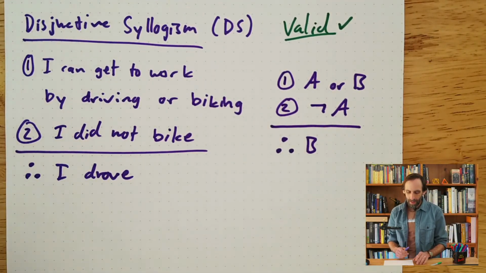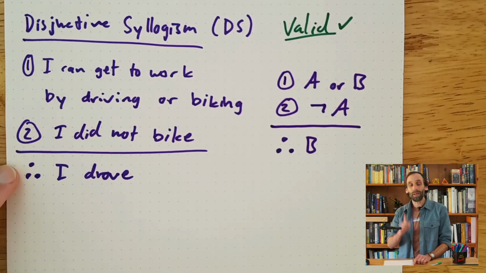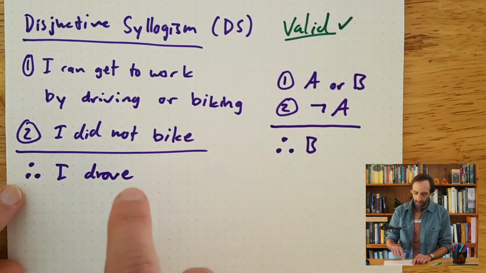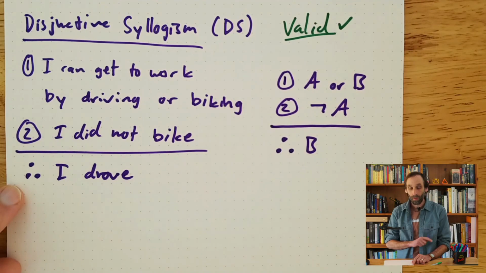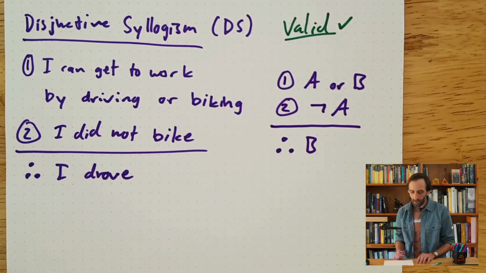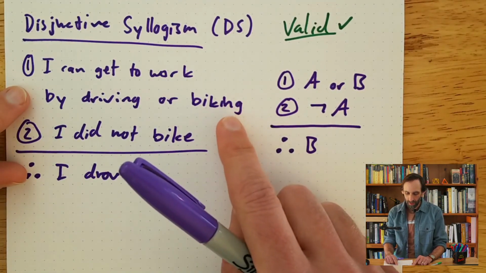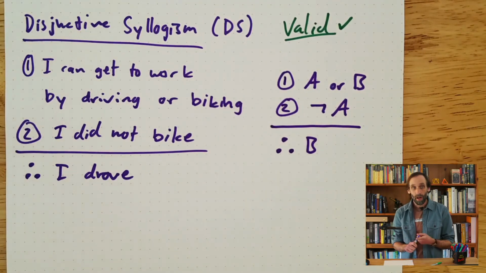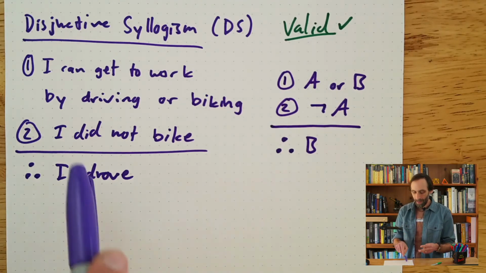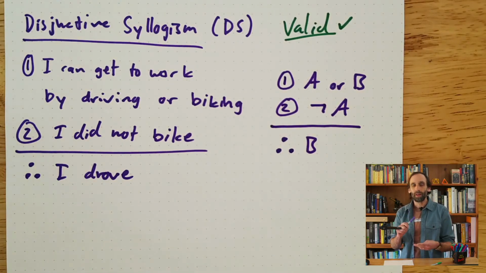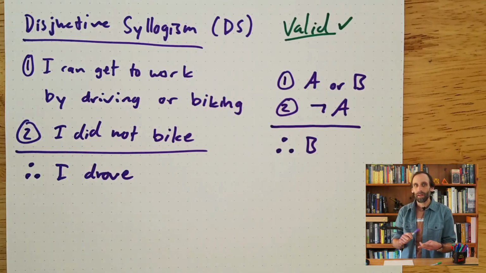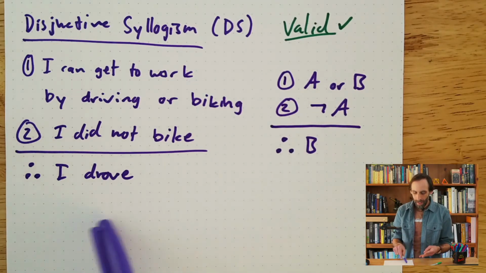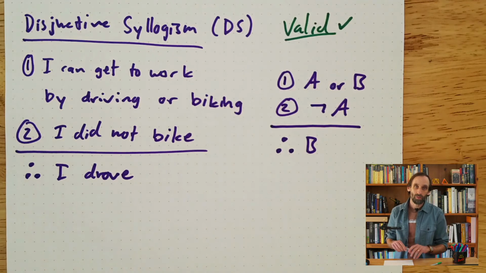And in that case, I would have to negate all of them except one in order to be able to conclude that that one is true. So for example, let's just add a third option here. I can get to work by driving or biking or taking the bus. And if I have those three options, I would have to eliminate two of them. I would just have to say something like, I did not take the bus, I did not bike, and then I could conclude, therefore, I drove.